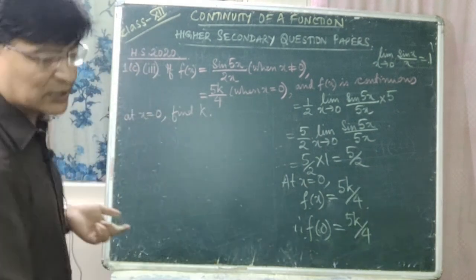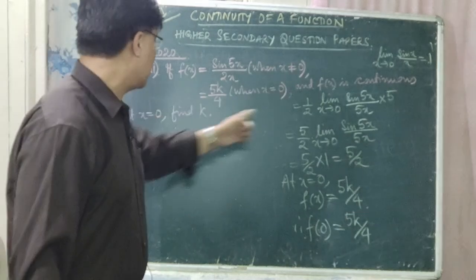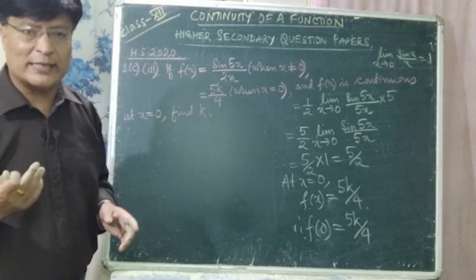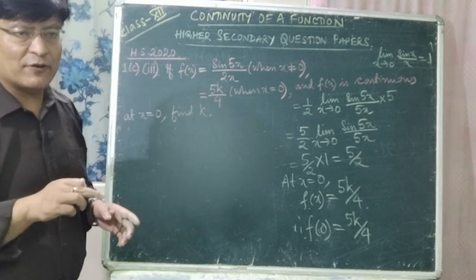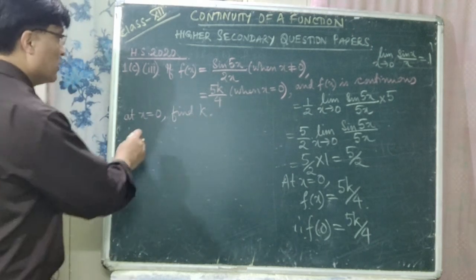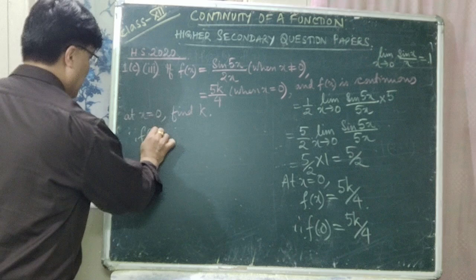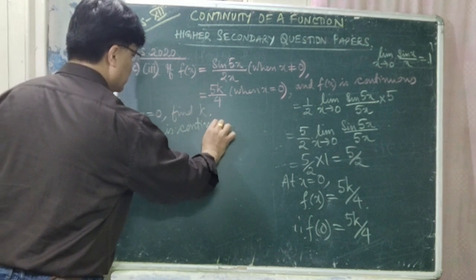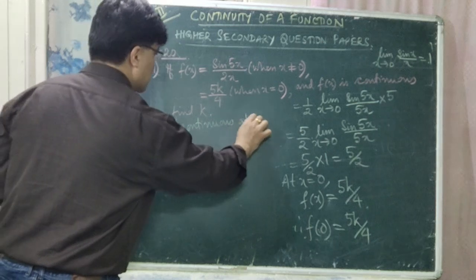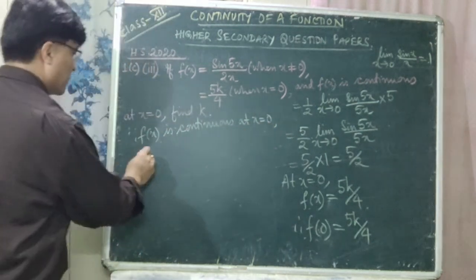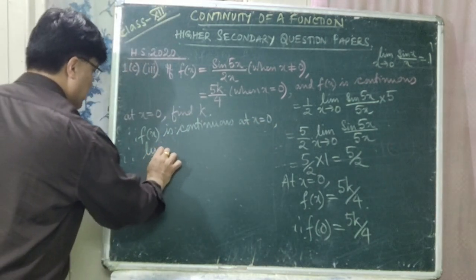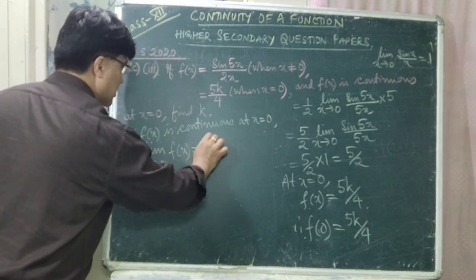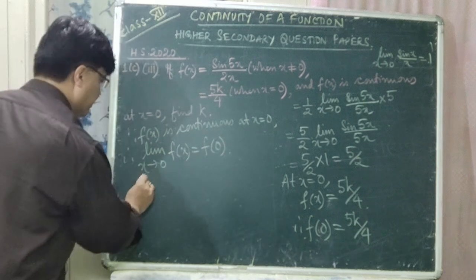Since in the question it is given that f of x is continuous at x is equal to 0, from the definition, what can you write? Limit x tends to 0, f of x is equal to f of 0. So since f of x is continuous at x is equal to 0, therefore limit x tends to 0, f of x is equal to f of 0.